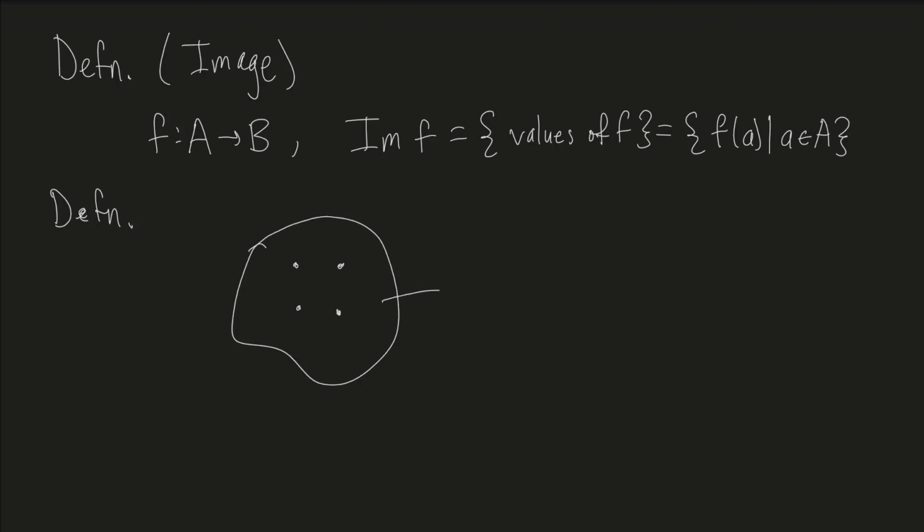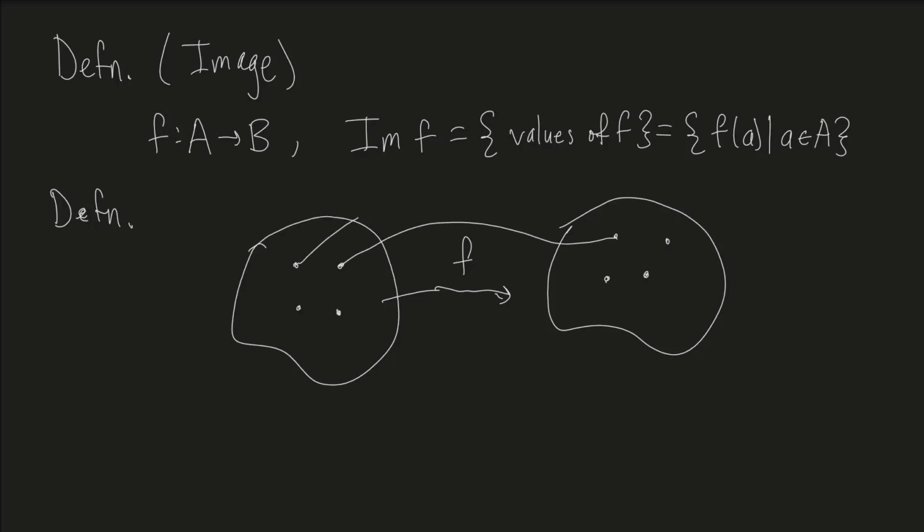And then we have some function that goes into B. If the function maps distinct elements of A to distinct elements of B, then we can trace it back and identify where we came from through the function.